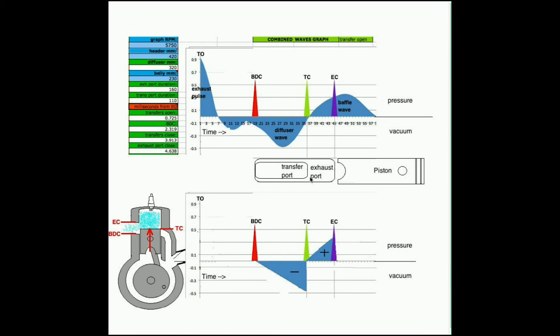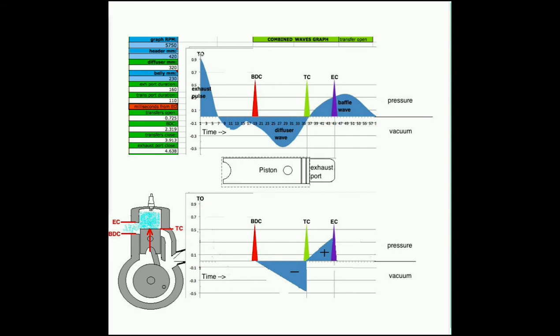I don't know if this little graphic's going to be helpful right here, but when you look at this graph on my calculator, just imagine the piston as it's traveling, closing off the transfer port, and then eventually closing off the exhaust port, going up to TDC, and then coming back down.